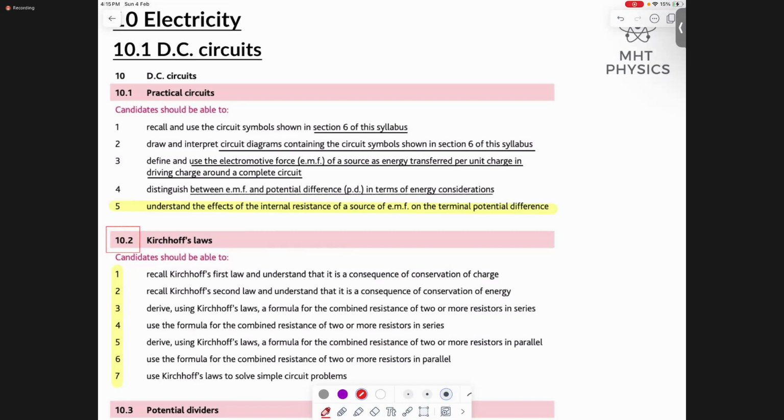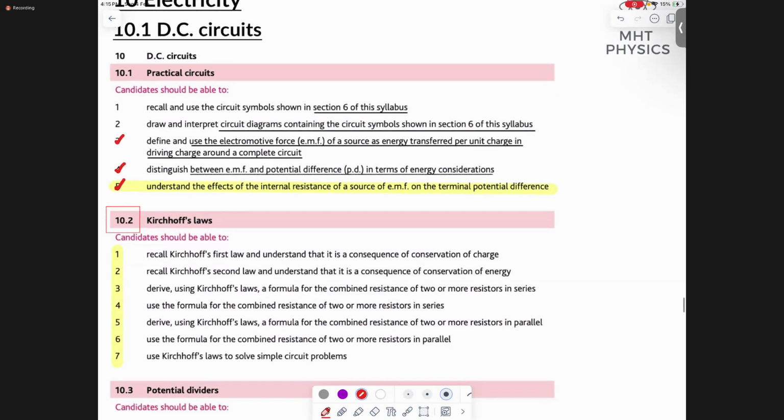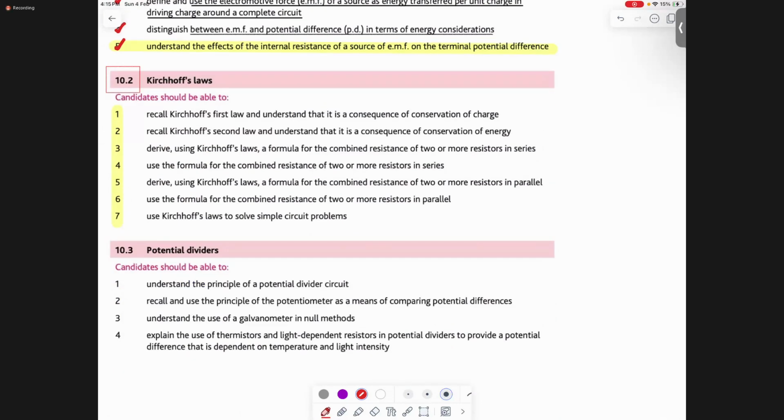Define EMF as a source of energy. We have gone through this. Distinguish between EMF and PD. Yes. Understand the effects of internal resistance of a source of EMF on potential difference. We have done this, I think, last class. Then in Kirchhoff's laws, the first law is conservation of charge, the second law is conservation of energy.